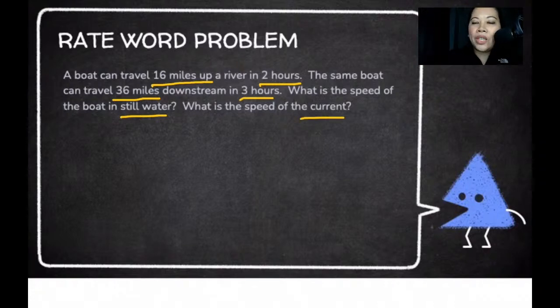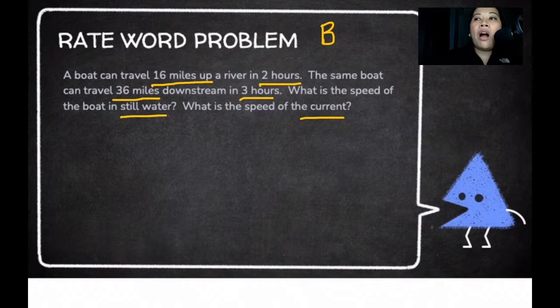Just imagine, if you are going against the current, of course your speed would slow down. But if you are going with the current, of course your speed will be faster. So let's say the speed of the boat without current we make b.